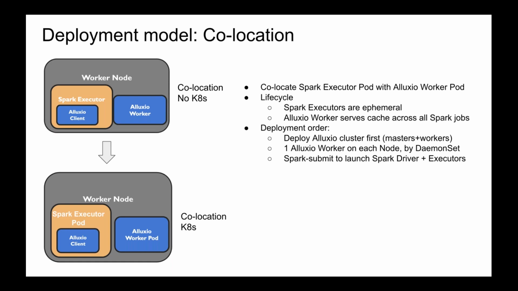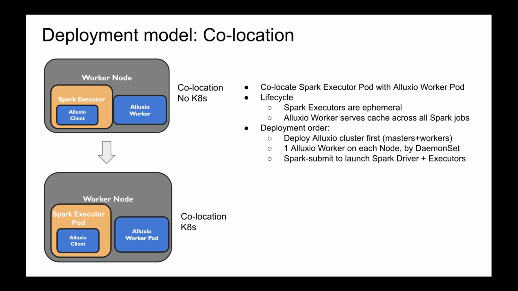That means there are two processes running next to each other, so they share resources, they can see each other and communicate with each other locally. In the Kubernetes world, the only difference is that instead of processes, they are running in pods, which is a more containerized environment.